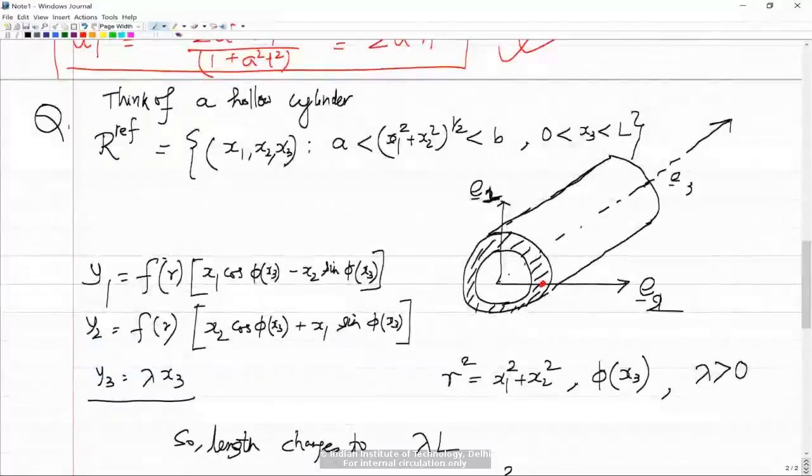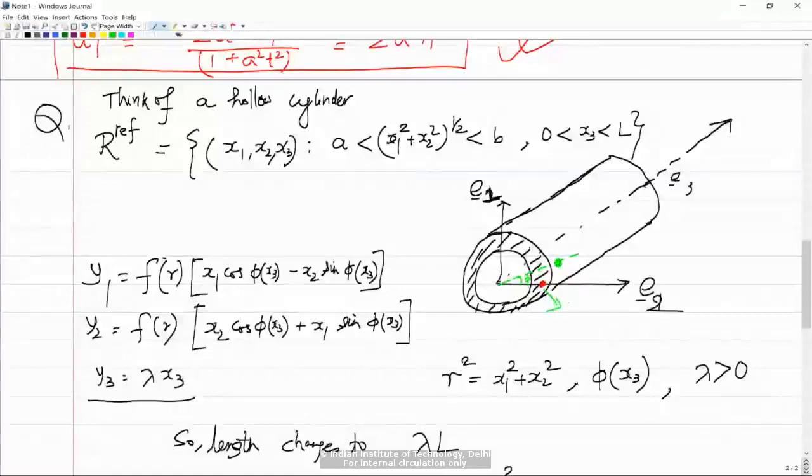It is right now at theta equal to 0, but it is going to move to this phi. Also the radial coordinate is going to change. Right now it is small r, but then it has to change to r times f.